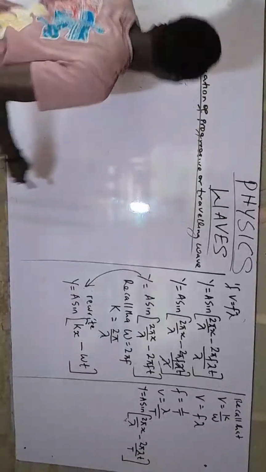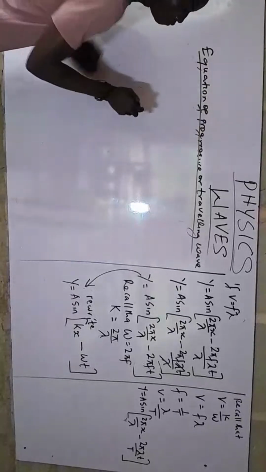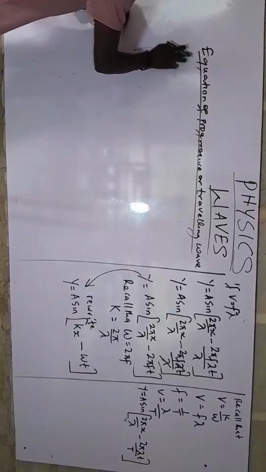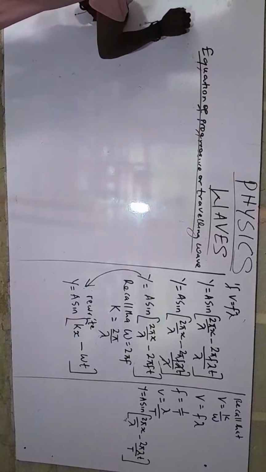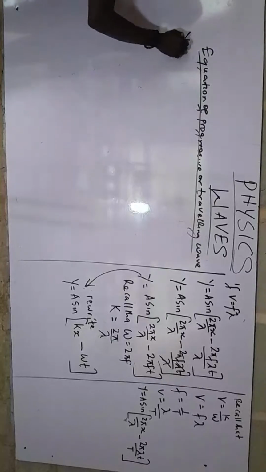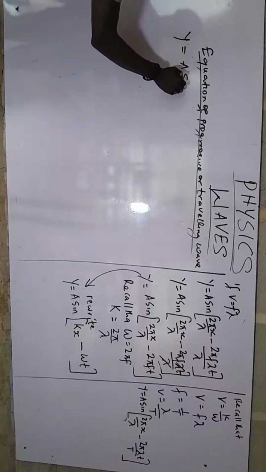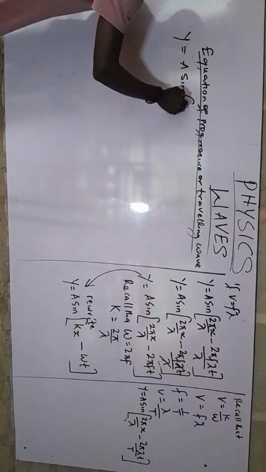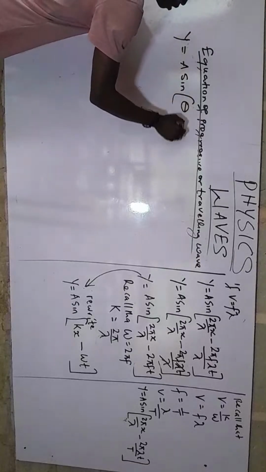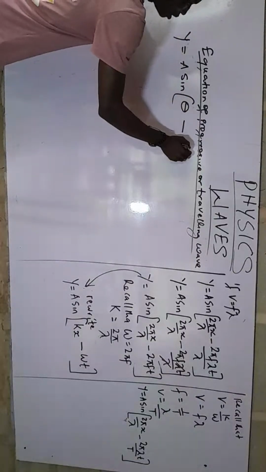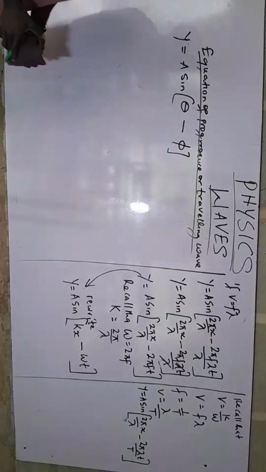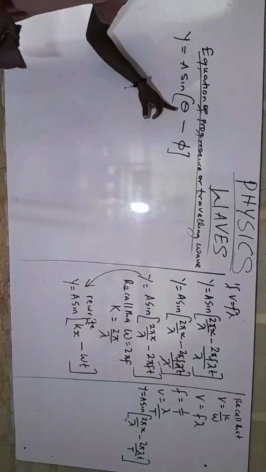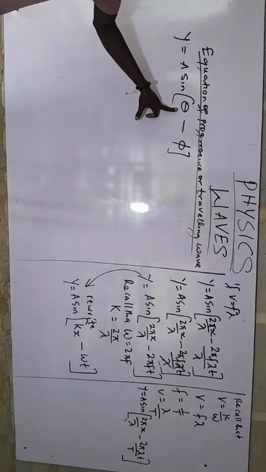The equation of wave can also be written in the form of y equals a sine, into brackets, where we have theta minus this expression here. Okay, now where does this originate from?